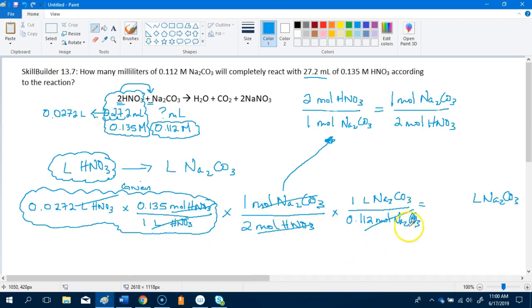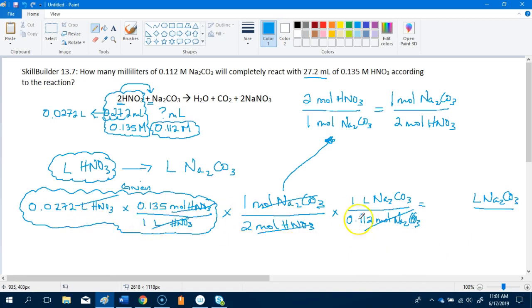So in this dimensional analysis formula, whatever you put on the bottom is going to cancel out the previous units, leaving me with my liters of Na2CO3 in the end, right here. So that is my formula.